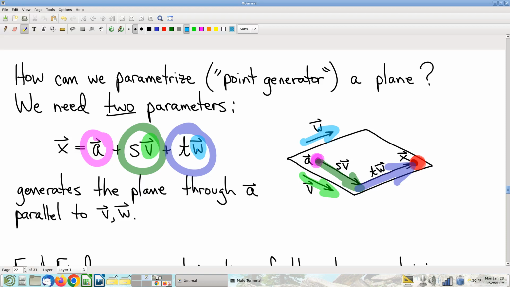And furthermore, s and t are free parameters, right? s and t could be anything, and so you can get anywhere in the plane you need to get.